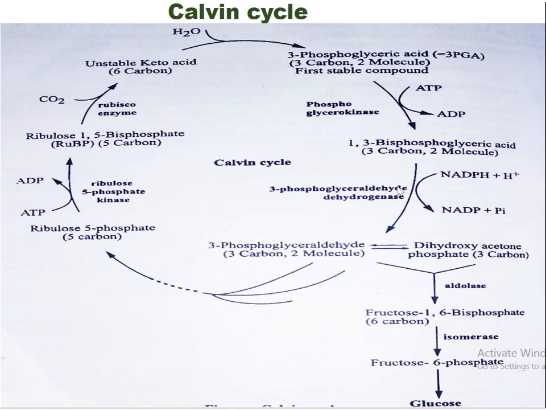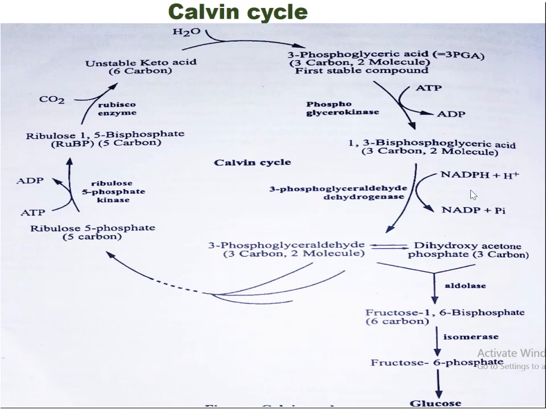Okay, so then this 1,3-bisphosphoglyceric acid, with the help of the enzyme phosphoglycerate dehydrogenase, converts into 3-phosphoglyceraldehyde, and here actually 1,3-bisphosphoglyceric acid is reduced to 3-phosphoglyceraldehyde by NADPH2. When the dehydrogenation occurs, the NADPH2 transfers its electrons to 1,3-bisphosphoglyceric acid for the reduction.